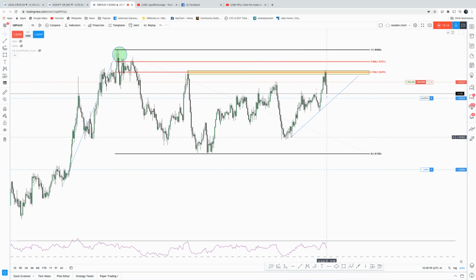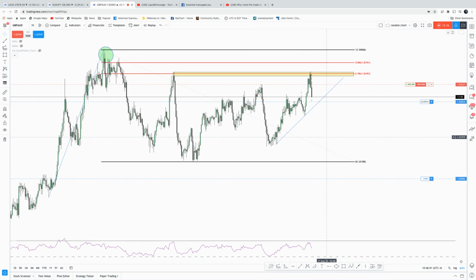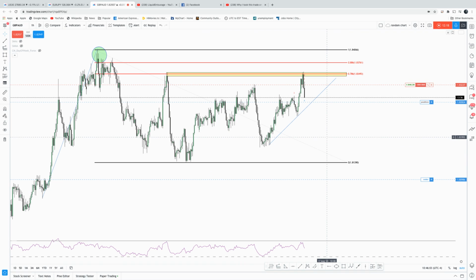But let's just keep it simple. There's different ways of which you can trade the market using different systems. But let's just stick to something that's really nice and simple. From the previous high to the low, we have a 786, and take it from the high. No, wrong tool, wrong tool, wrong tool.